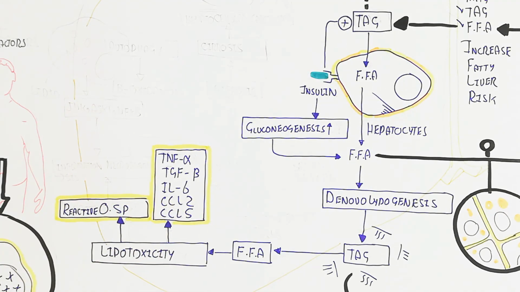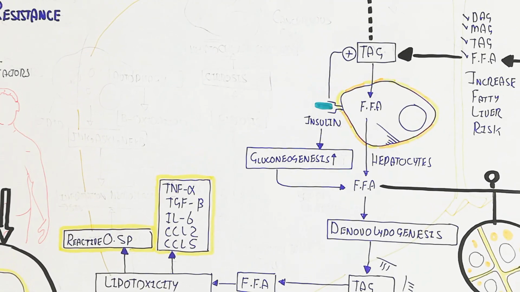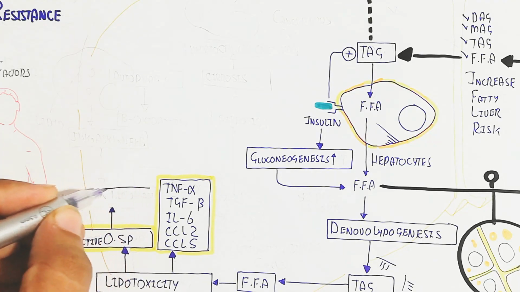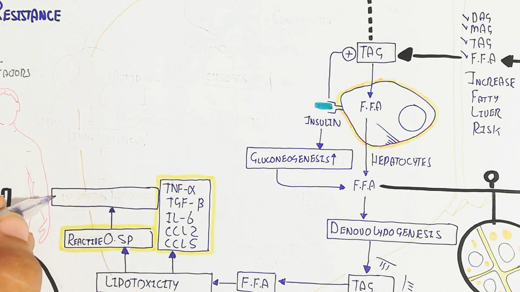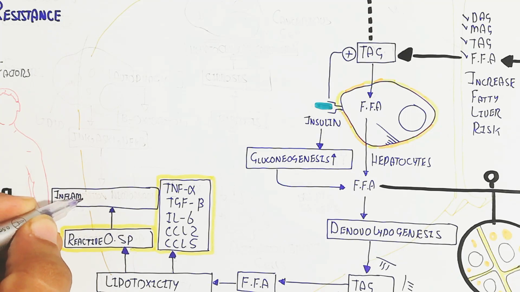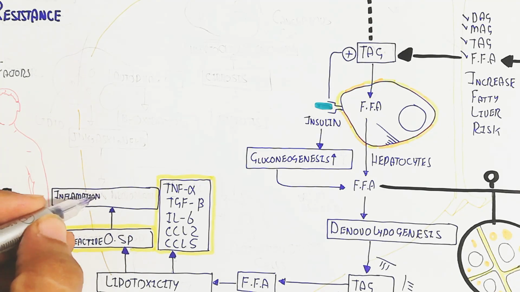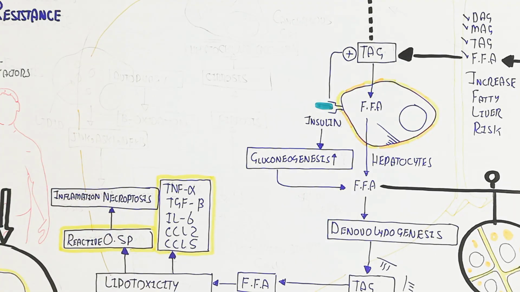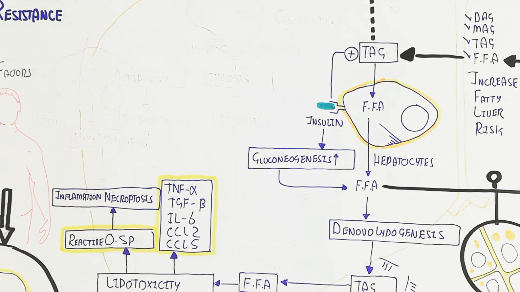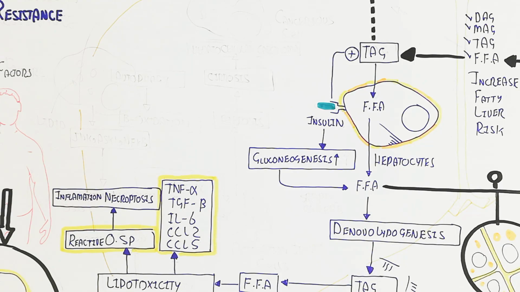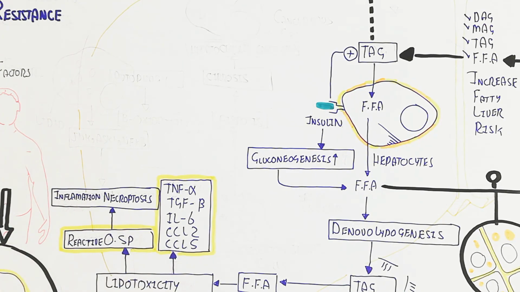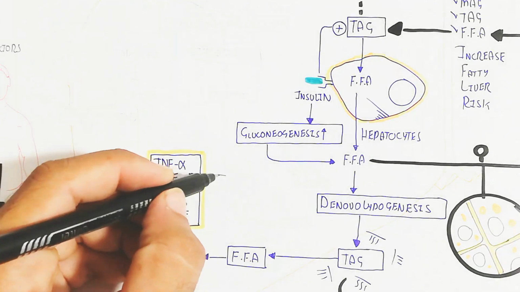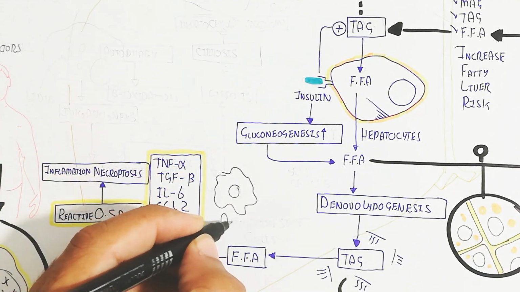Necroptosis will trigger the activation of stellate cells. The stellate cell activation will lead to activation of the immune response, with the stellate cell acting as a macrophage-like structure, which is used to increase the fibrosis.